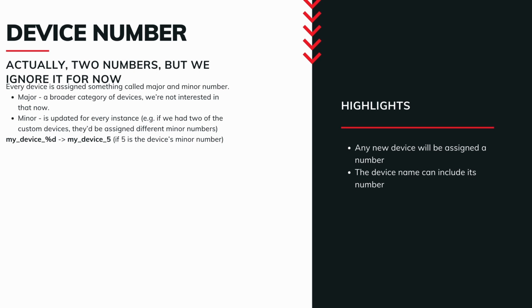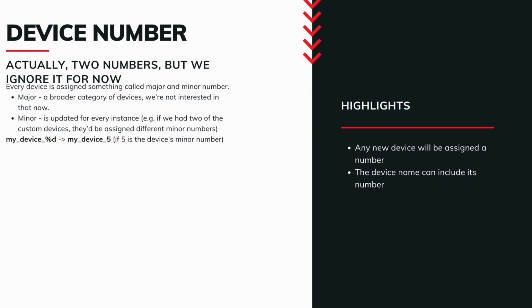A couple more things to consider. Every device in Linux is assigned a number. Not only the USB devices, they have their own USB addresses. Every device in Linux has its own number. Actually, two numbers, called major and minor. Major number specifies one of the broad categories of devices. We are not interested in that now. Minor number, however, is updated for every instance of the device.